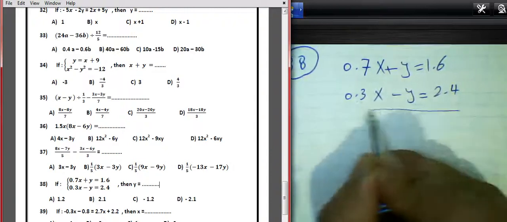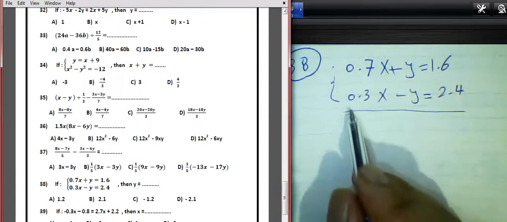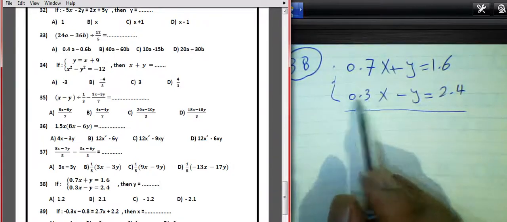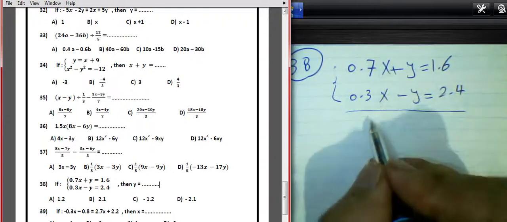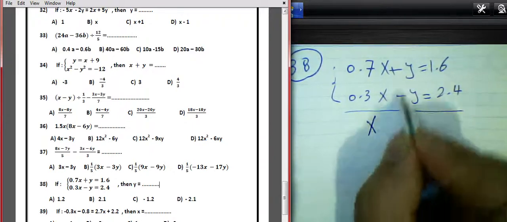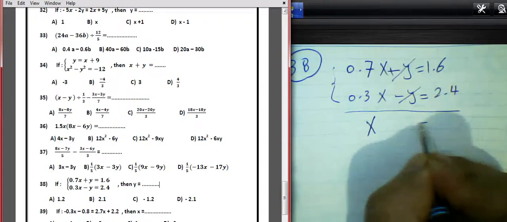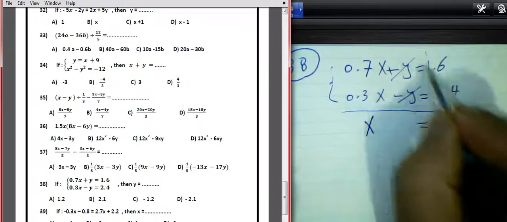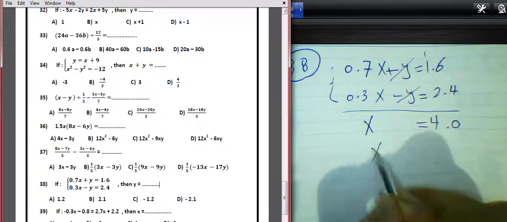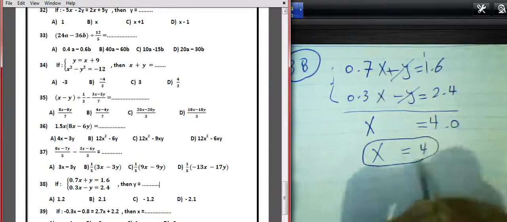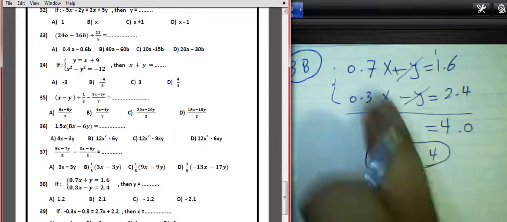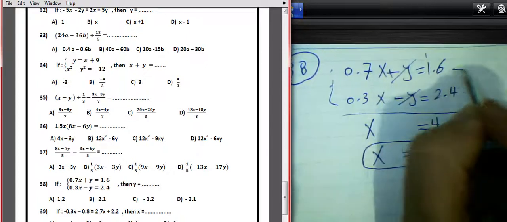First step, we add the first equation to the second equation. 0.7x plus 0.3x, the result will be x. Positive y plus negative y equals 0, and 1.6 plus 2.4: 6 plus 4 equals 10, write 0 and carry 1, 1 plus 2 plus 1 equals 4. So x will be 4, but he wants the value of y, so we write 4 in the first equation.